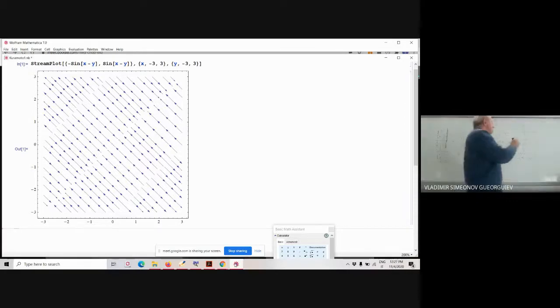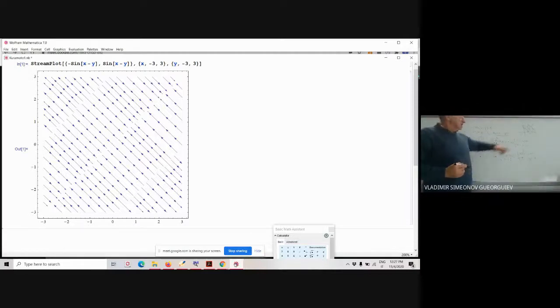The picture was something like this. Here is this guy, and here this is approaching, this is approaching. So, as you can see, the picture for this system 2 is different from the picture for this system 3. But the pictures are similar. What we have done, simply this x is slightly rotated. And if you rotate, you get this picture.